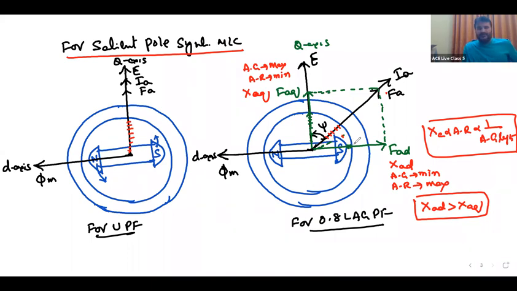Now see, let me write these things. In a cylindrical rotor synchronous machine, one reactance is sufficient, whereas in a salient pole synchronous machine, two reactances are required.